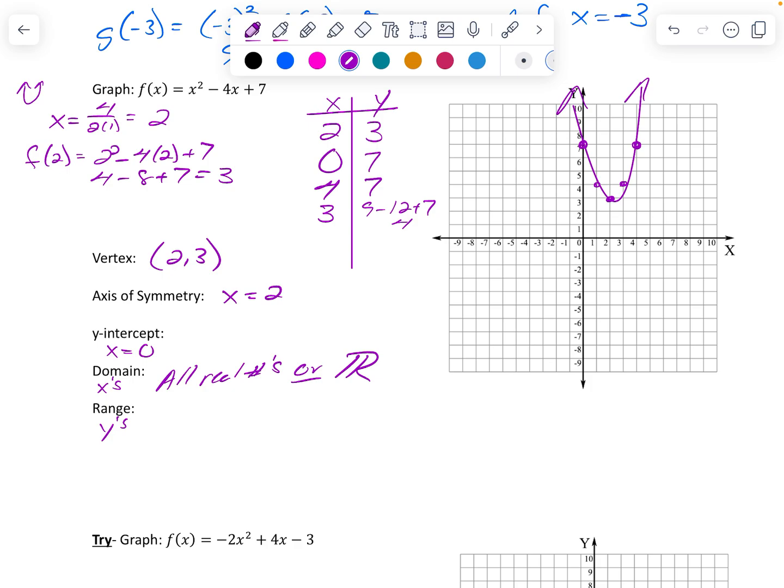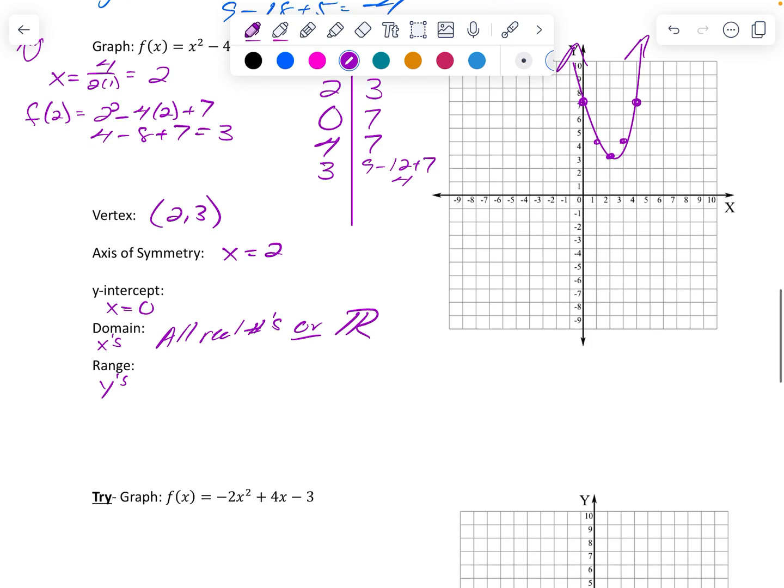That graph's going to keep spreading out left and right, all real numbers. But the range means what y values are represented on our graph. And you can see the smallest y value is 3, and then it goes up from there. So we're going to say y is greater than or equal to 3. That's it. Okay, so a lot of what we've been doing is similar.